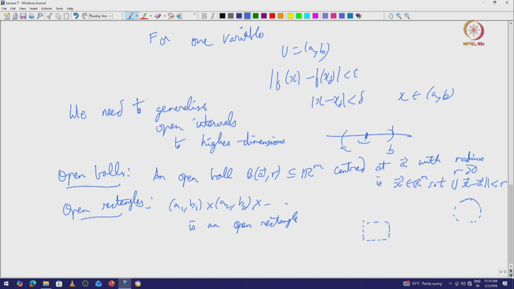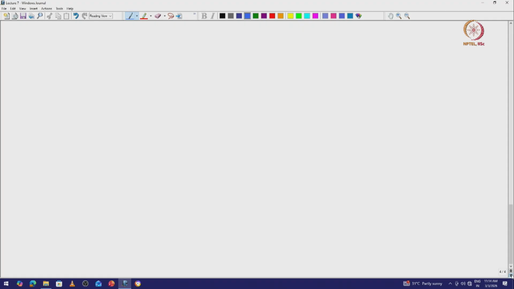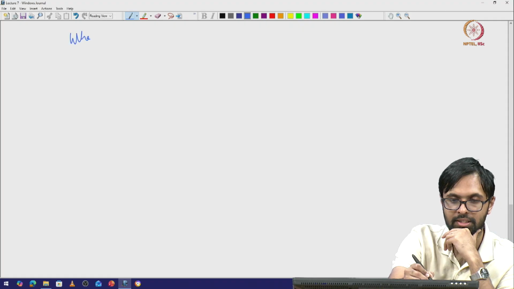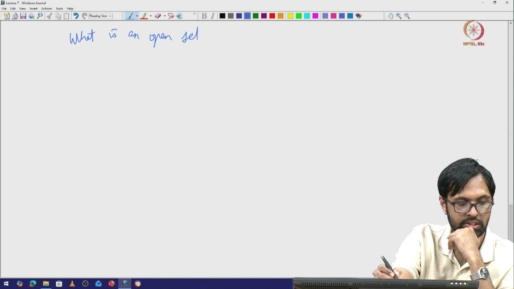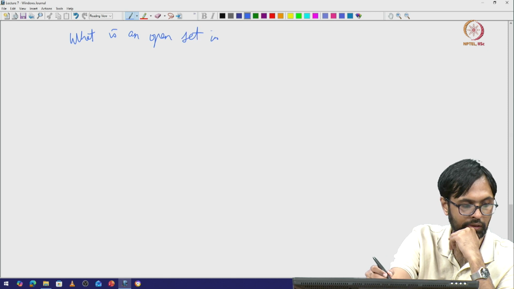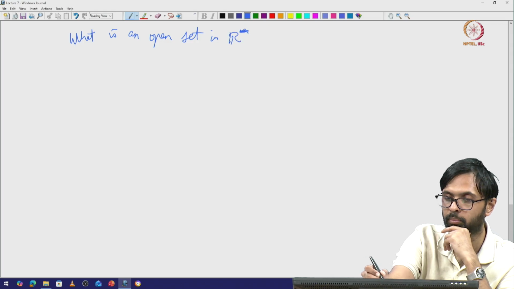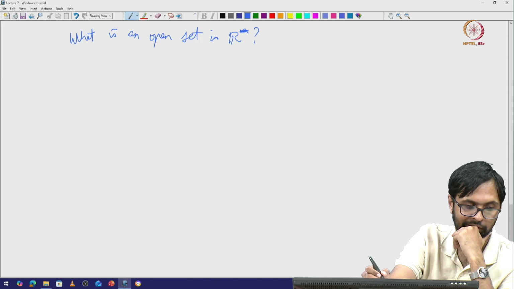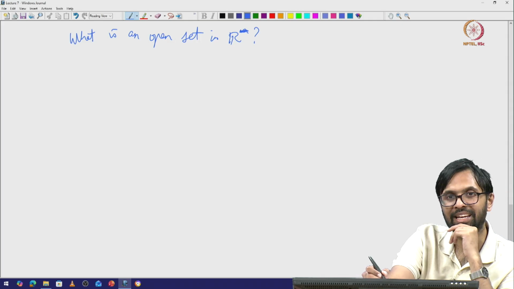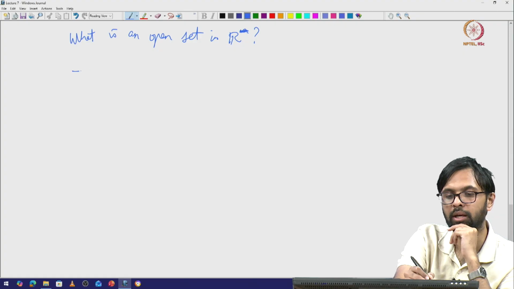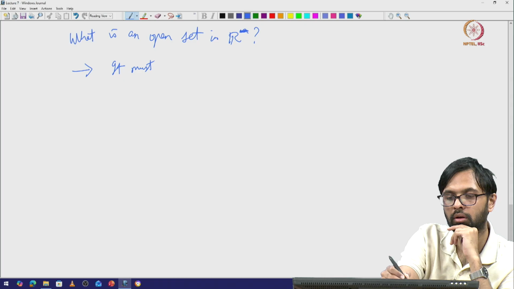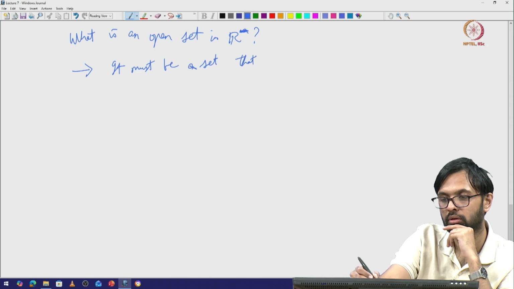Now the point is, what is an open set? An open set in R, and in R^m. So first of all, what is an open set in R? Whatever it is, the property it must satisfy is that it must be a set that allows us to do calculus.